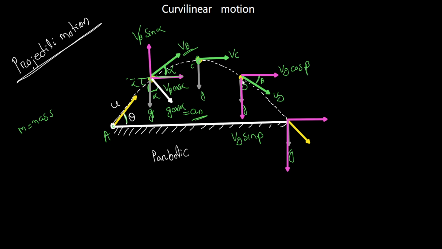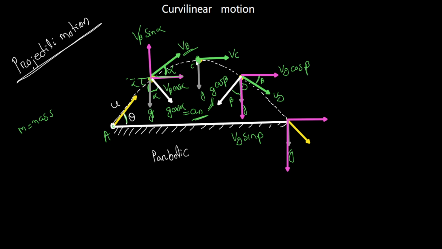Here also the normal acceleration will be like this. Since this is beta, this will be 90 minus beta and this angle will be beta, so g cos beta is the normal acceleration.